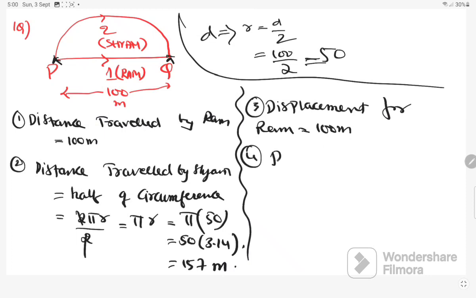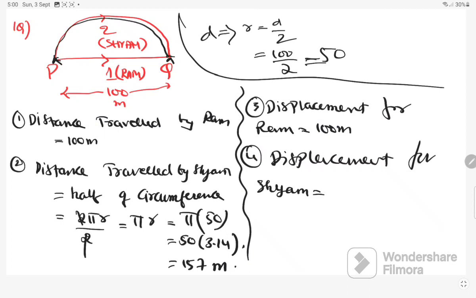And if you look at Sham also, Sham is traveling from here to here. But what is the definition of displacement, students? The distance between the starting point and the ending point. So Sham has started here and ended here. So what is the shortest distance between P and Q? Again 100. So the displacement of Sham is also 100 meter only.